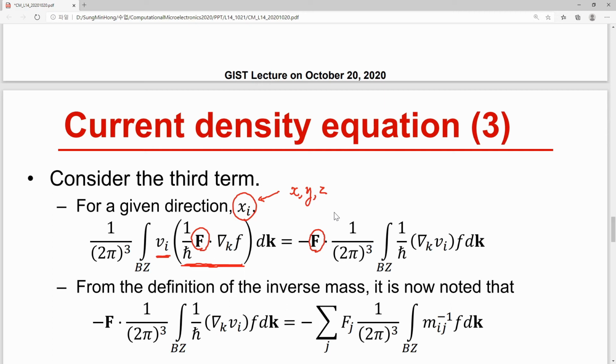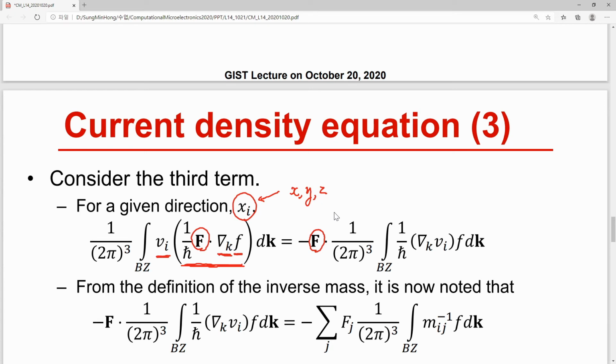But the point is, now here we have the gradient of f, and previously this gradient in k and its integration was gone, because that gives you just the boundary values of your distribution function.